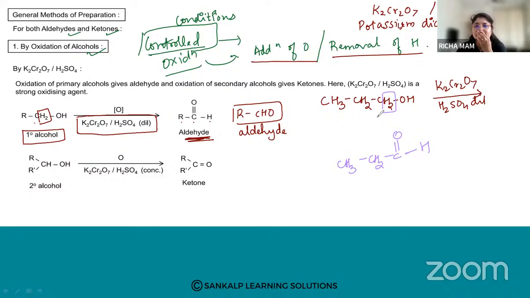H2 is removed. So what we got is propanaldehyde. This can also be written as CH3CH2CHO, so don't get confused. It has 1, 2, and 3 carbons, so it is propanaldehyde. Is it clear now?